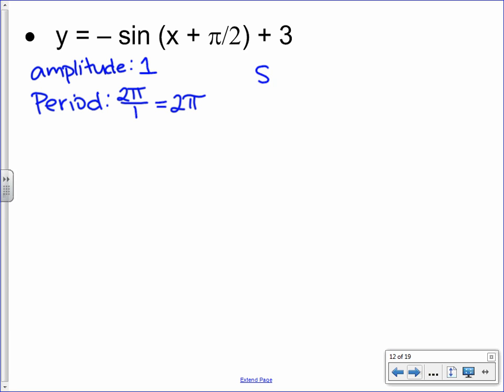Our starting point, C over B. What is C? Negative pi over 2 divided by B. What's B? 1. So I'm not going to write divided by 1. So here's C over B, comma, D is 3.